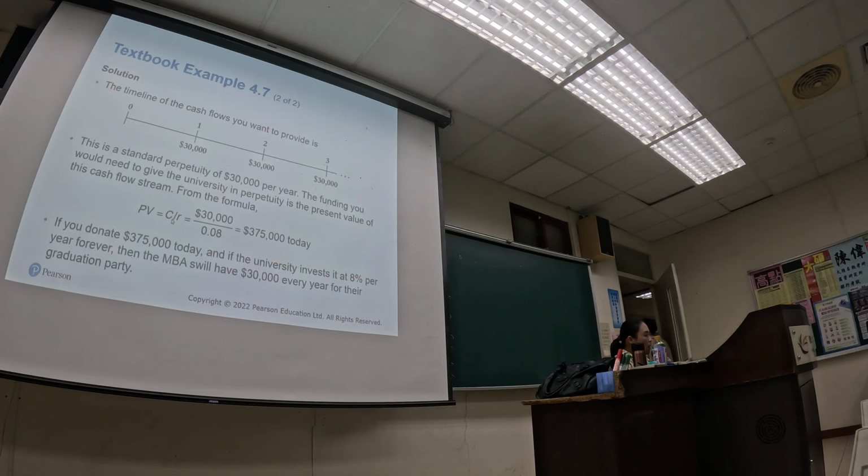Now let's take a look. The timeline of the cash flows I've already drawn for you, right? And you want to pay attention, the assumptions always start from the end of the first year and then last forever.